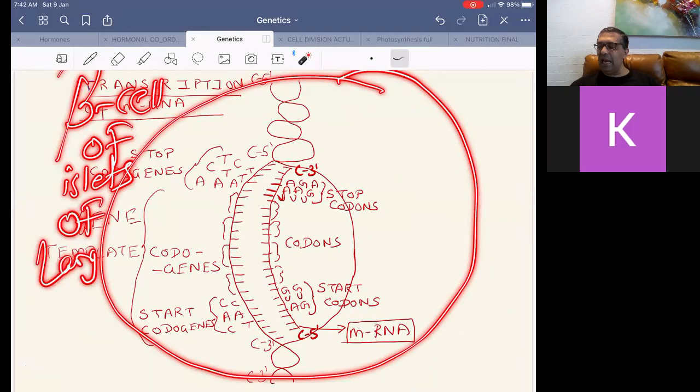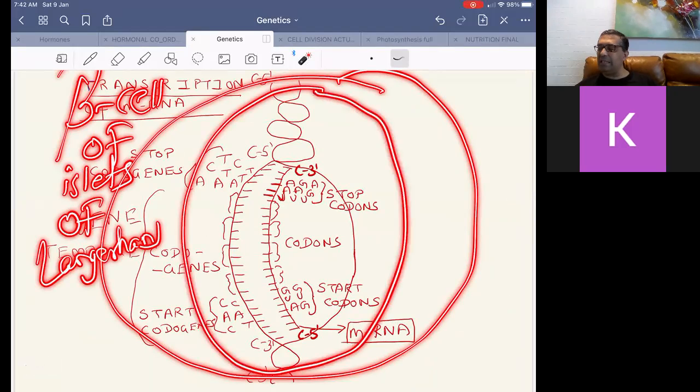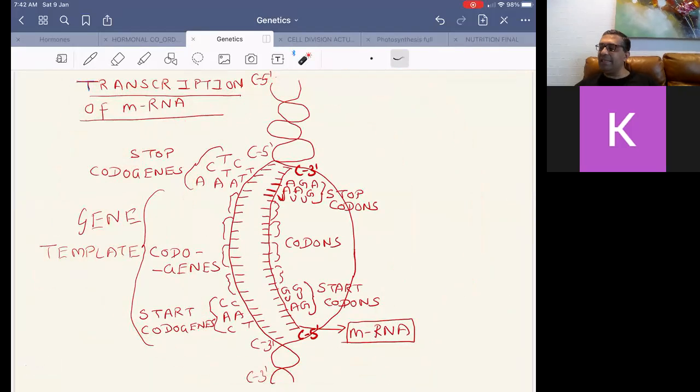And the cell has in it a nucleus, the nucleus has in it DNA, and segments of DNA are called genes. So suppose this is gene number 11,111. If you remember, I told you there are 30,000 genes. So we have taken a hypothetical gene, gene number 11,111. So look at this carefully.